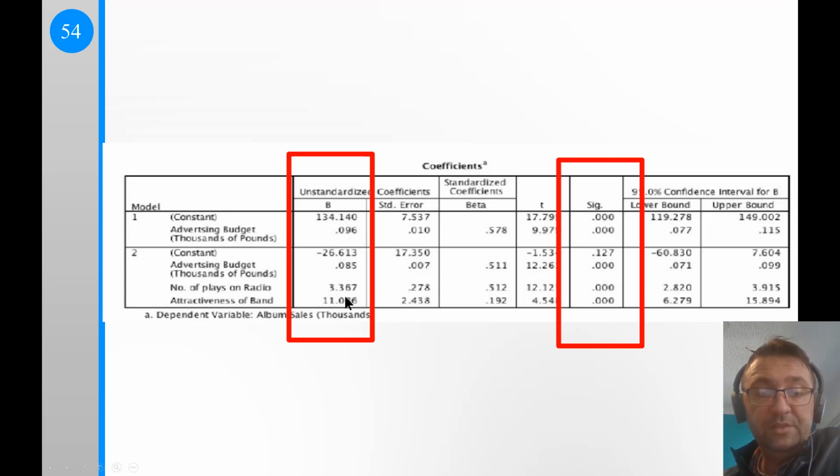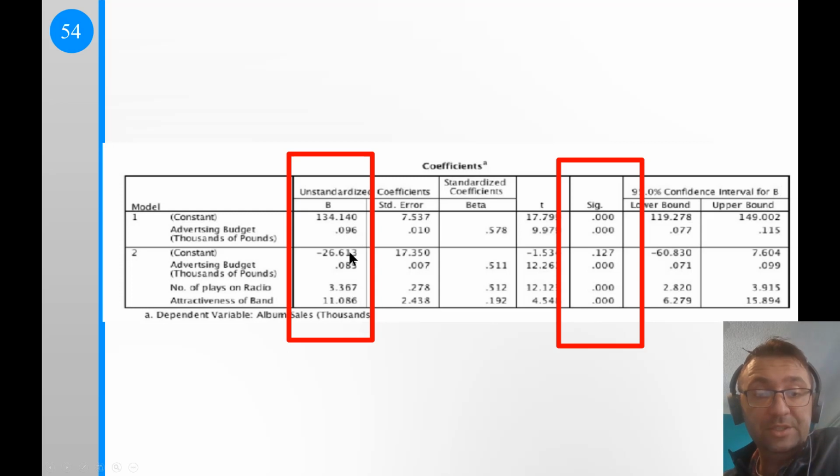I think attractiveness of the band is based on like a 1 to 10 attractiveness scale or something. So for every point of attractiveness of the band, they sell another 11,000 albums. That's hilarious. And it's highly significant. The number of plays on the radio, so every time it's played on the radio, they sell another 3,000 albums.